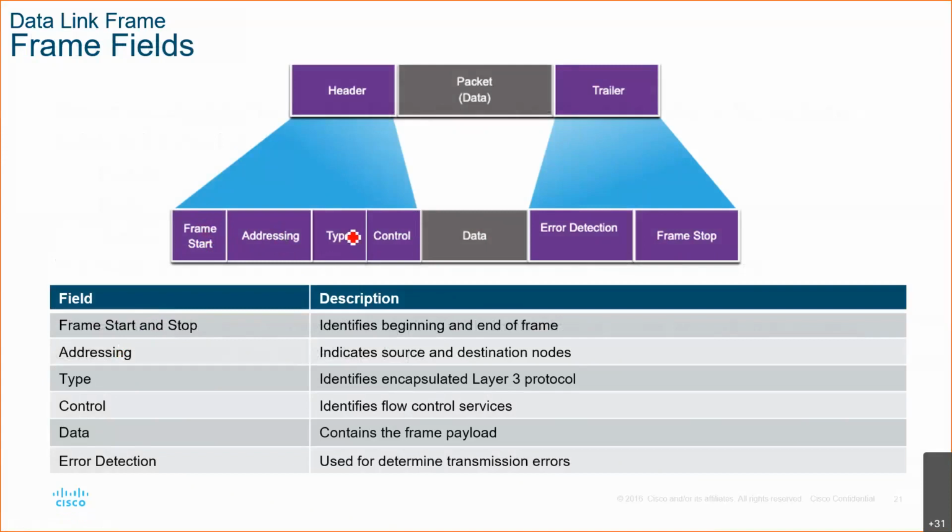The type over here encapsulates the layer 3. The control identifies the flow control, and here is your actual encapsulated packet, okay. Besides that, in the trailer, you have got error detection and frame stop. If there is an error, it will communicate with the sender, and the sender will send the frame again, okay, to ensure that nothing is lost.